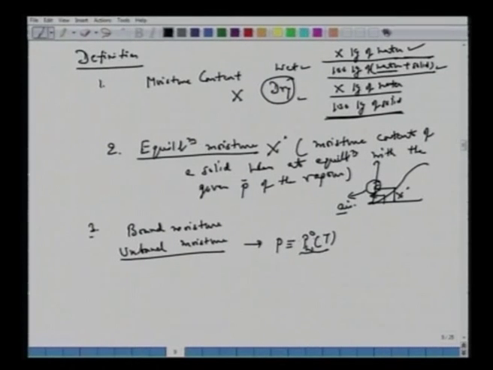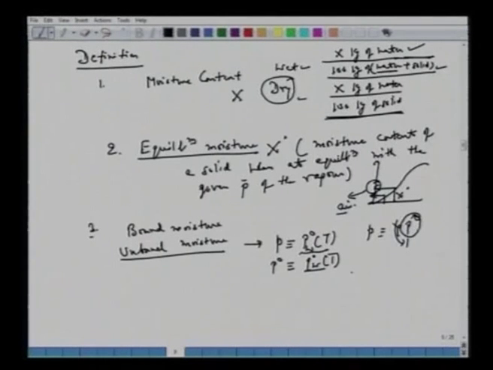In other words, the vapor pressure exerted by this moisture is the same as the vapor pressure of pure water. So what you are writing here is a partial pressure equal to y into P0, y is 1, pure moisture, no other species here, and the vapor pressure it exerts is the same as the vapor pressure of pure water. So that's unbound moisture.